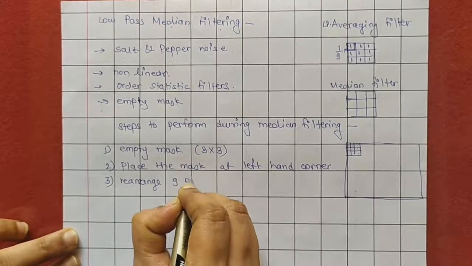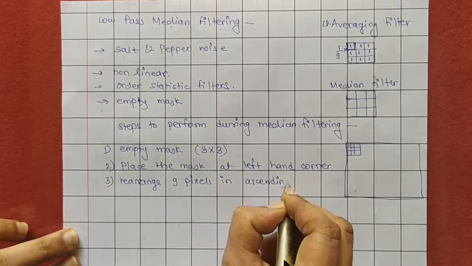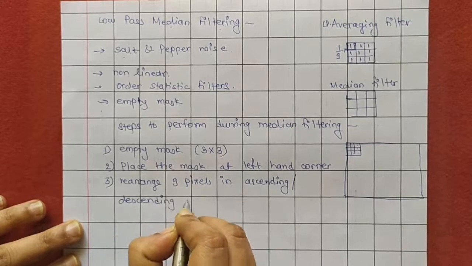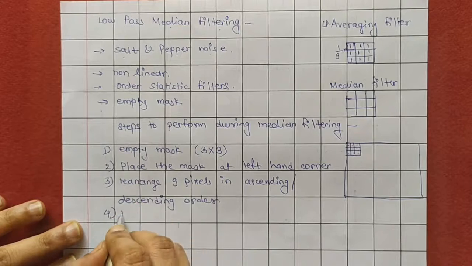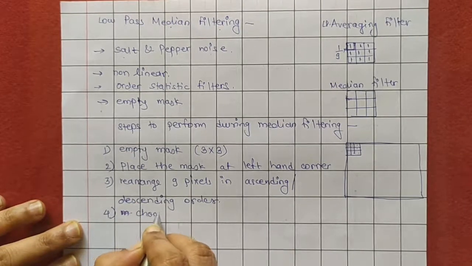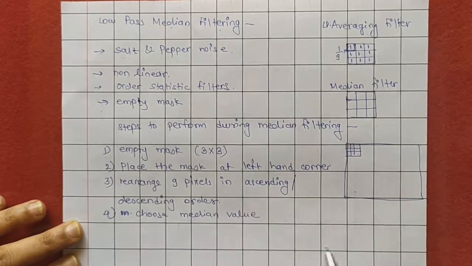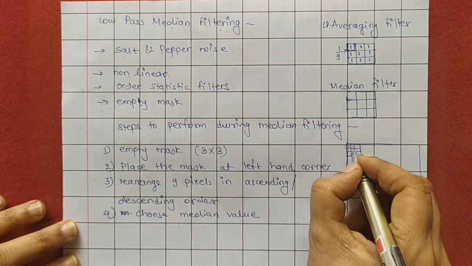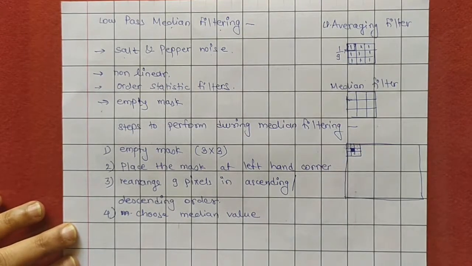Next we have to choose the median value. Out of those 9 pixels, we choose the median value, and that selected median value we have to place at the center pixel.